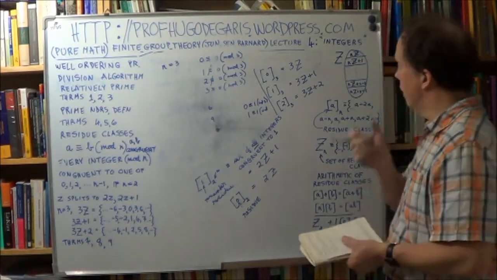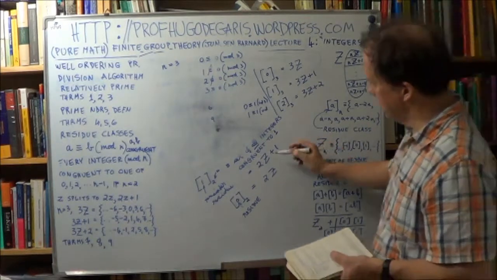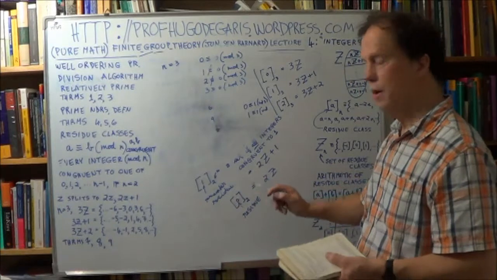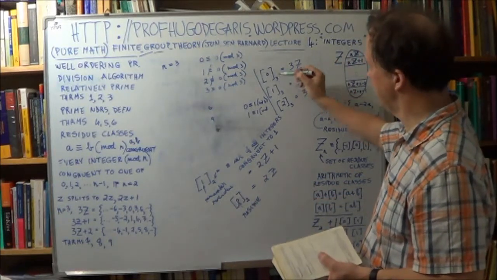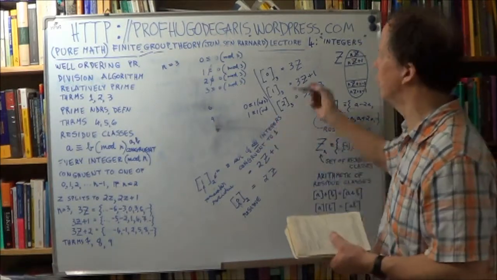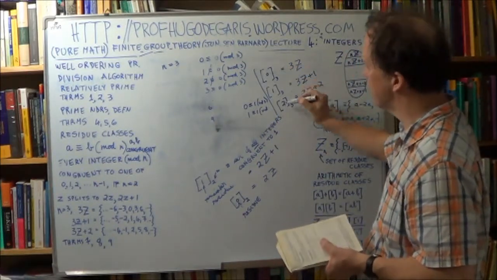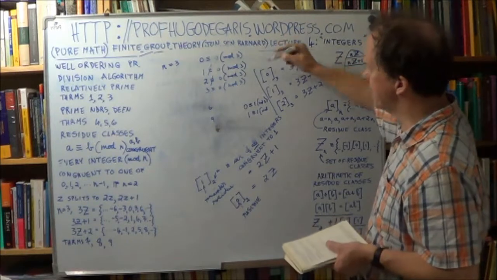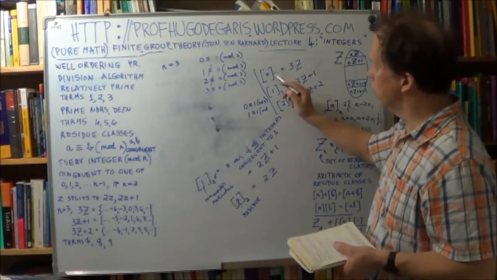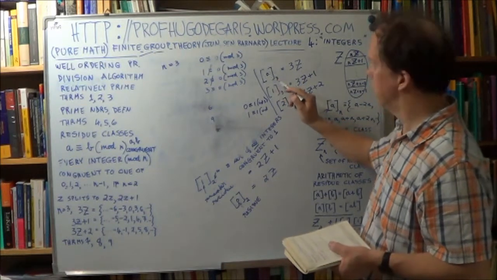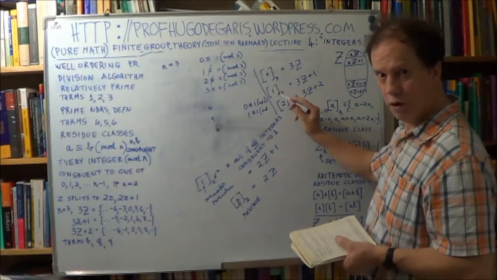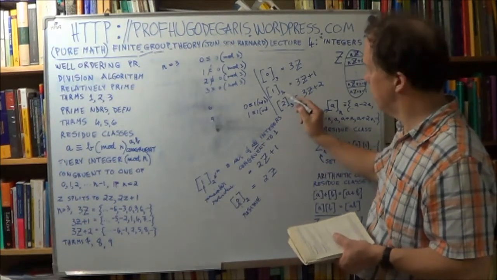Now, in the case of mod 2, we had 2 of these sets. And in the case of mod 3, we have 3 of these sets. Now, I'll remind you again, what is this set, or this set, or this set? This is the set of all integers congruent to 0 mod 3. This is the set of all integers congruent to 1 mod 3.